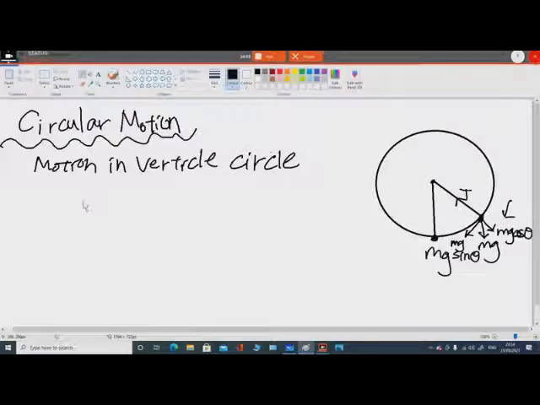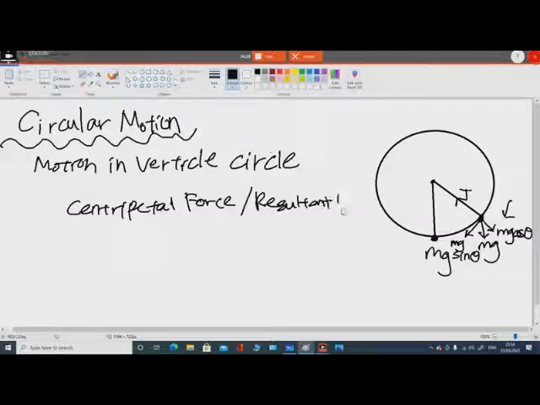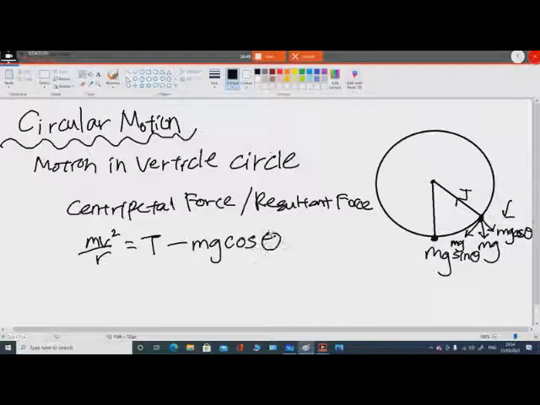So basically our resultant force, known as centripetal force, let me write another resultant force. mv squared over r is equal to the tension minus the weight of the object, which is the vertical component after resolving the weight.